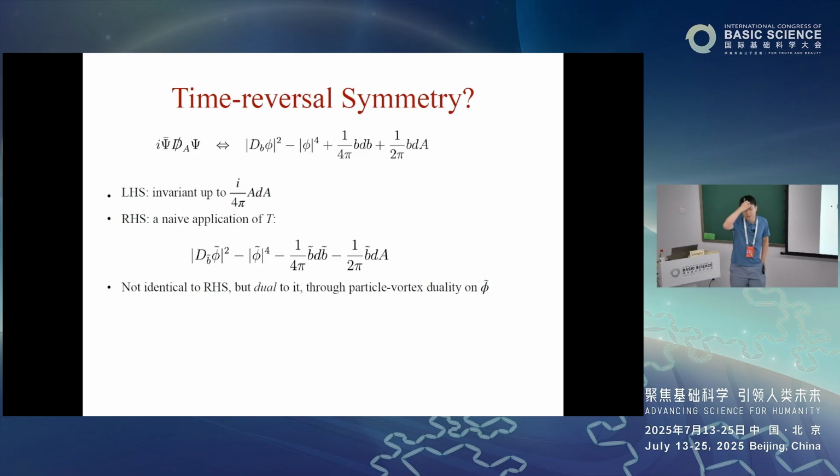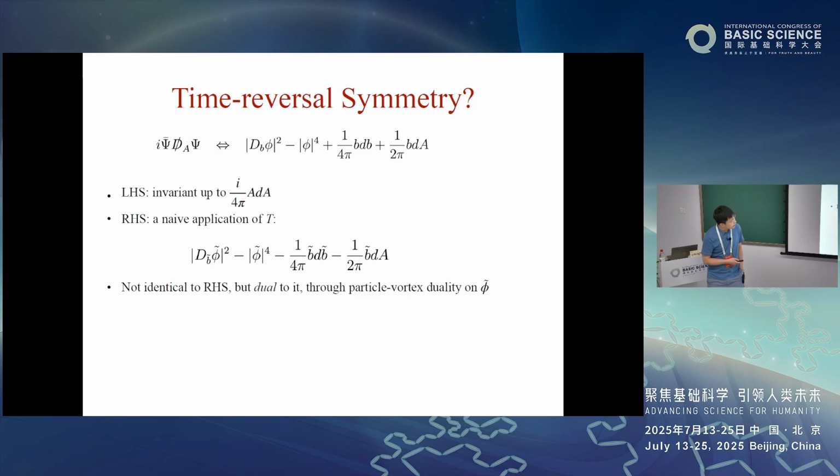When you think about time reversal symmetry, as I mentioned, the free Dirac fermion in 2+1 dimensions has a time reversal symmetry. It has a 't Hooft anomaly, a parity anomaly, but fine, it's still a symmetry. So the Dirac fermion is invariant up to this ADA term under time reversal. And then you can ask, well, what happens to the right-hand side? The issue is that whenever you have a self-Chern-Simons term like this, BDB, naively, it's not time reversal invariant. If you apply a naive time reversal operation, you see that this BDB changes sign.